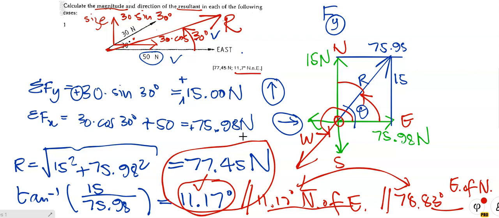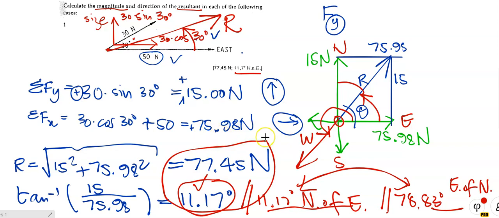So understand the convention, understand resolving forces. We sum them vertically, we sum them horizontally. If we get a positive answer here, that means the net force is going up vertically. If it was minus, it would have been going down. We sum the horizontal forces here, we got a positive answer. It means the net force was going horizontally to the right.